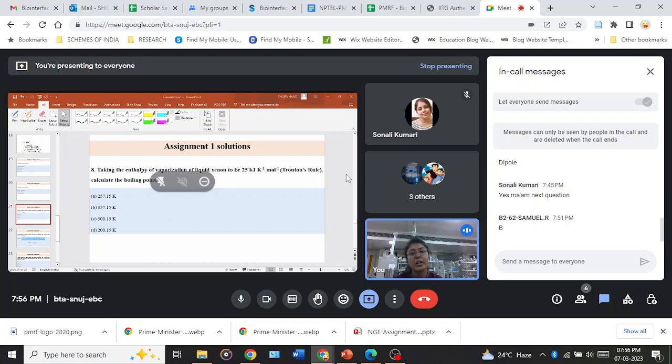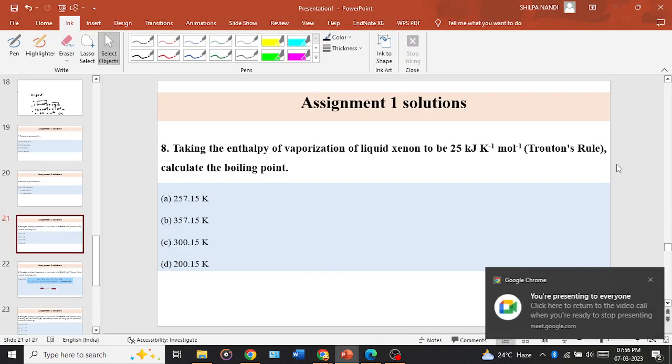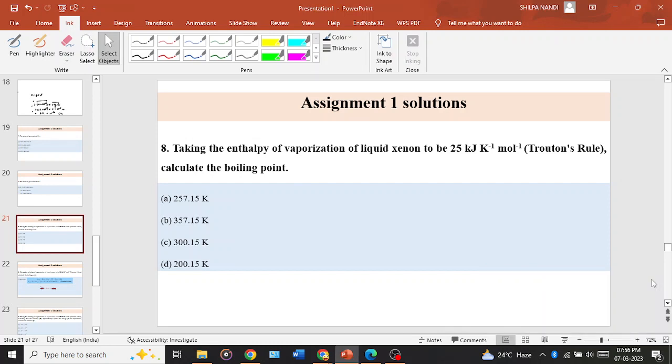I think the question is quite clear or not. Okay, we'll just try to calculate and look into what's the correct answer for this one. So the correct answer for this one is option B, which is 357.15. We'll just see how we got 357.15 Kelvin as the boiling point for xenon with enthalpy of vaporization as 25 kilojoule per Kelvin per mole.